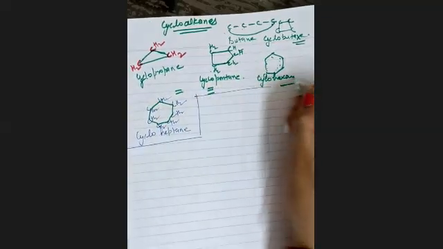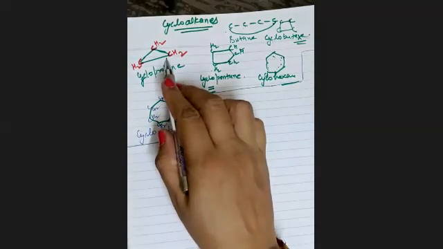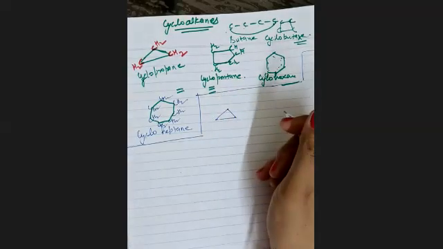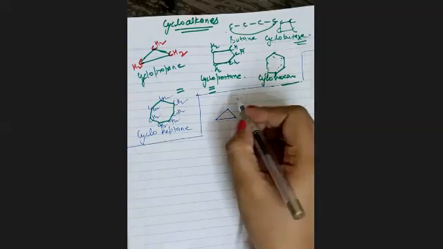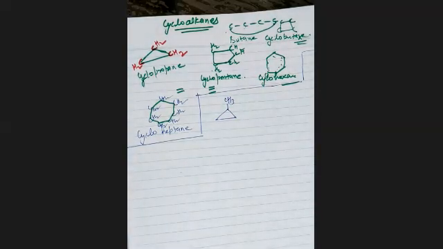Let us talk about substituents, when the substituent gets attached to your cyclic compound. So for example, let me take this example again. I'm having this one. And if I attach one methyl group over here, what will be the nomenclature?